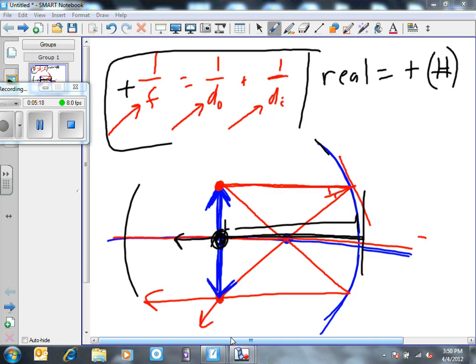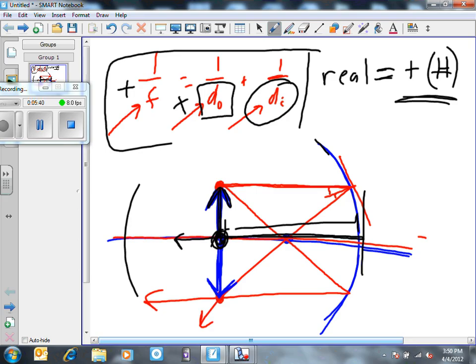Okay, so when we're talking about sign convention for the object, for our purposes, the object is always real. And if it's real, then it's a positive number. So this case would be real. The distance would be a positive number. Now the image here can be fake or real.